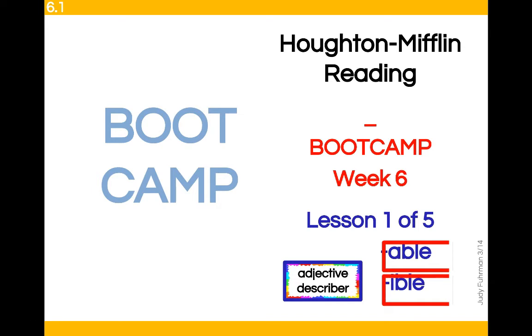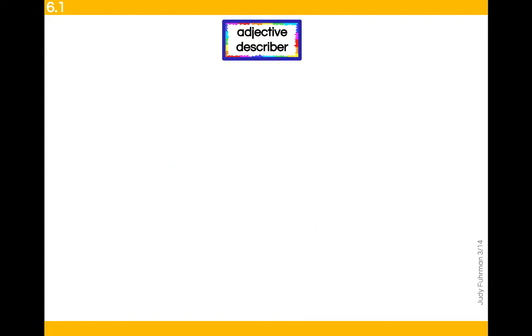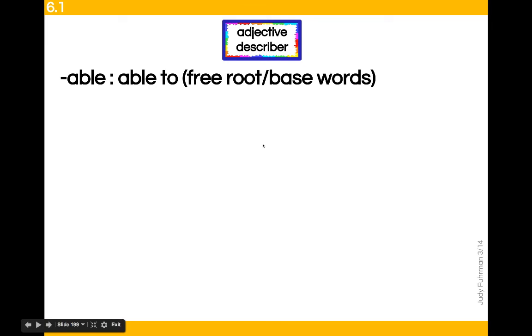Today's lesson will introduce the ABLE and IBLE suffixes. ABLE means to be able to or capable of, such as in the word acceptable, or able to be accepted.